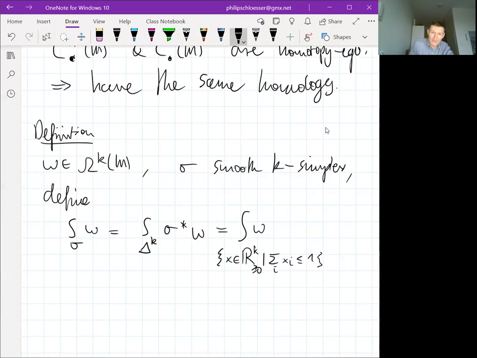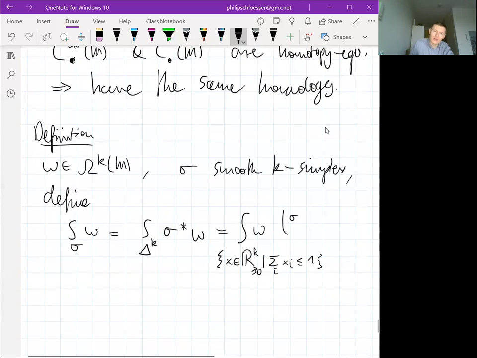We take omega, we plug in the k many tangent vectors of sigma, so sigma differentiated with respect to the first coordinate, the second, the third, and so on until the kth. And then we just integrate it with respect to the Lebesgue measure, the k-dimensional one.